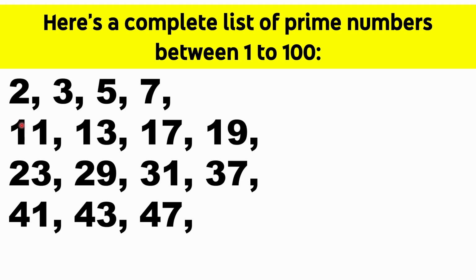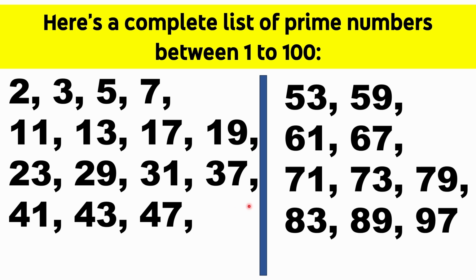We have 2, 3, 5, 7, 11, 13, 17, 19, 23, 29, 31, 37, 41, 43, 47. And also we have 53, 59, 61, 67, 71, 73, 79, 83, 89, 97. So these are prime numbers.